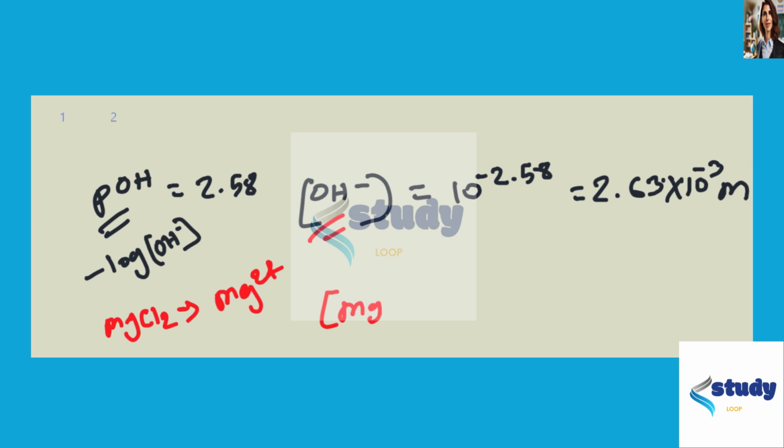So the concentration of Mg2 plus will be 0.018 molar. Now these are both the initial concentrations of hydroxide ion and Mg2 plus ion, and since we're mixing two different volumes of the solutions, we have to find out their final concentrations.